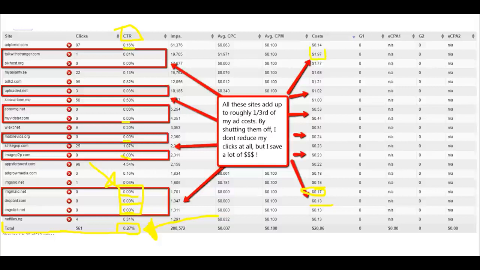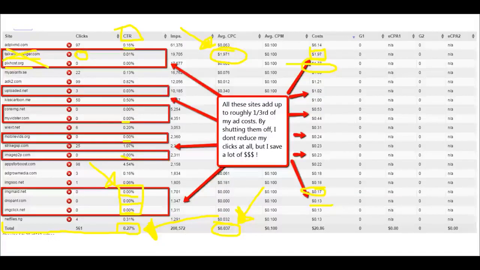Here's a site where I spent $2, and I only got 1 click. So my average cost per click is 3 cents, whereas my average cost per click on this site is $2. That's a big problem because I want to be paying only a few cents per click, whereas on this site I'm paying $2. And on this site I'm not even getting clicks, but I'm spending almost $2 as well on PXLHost.